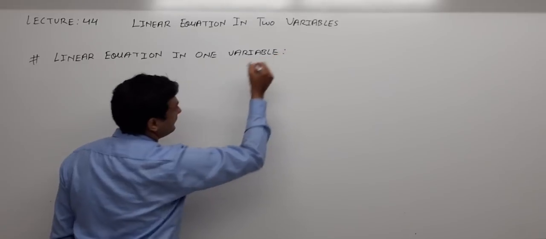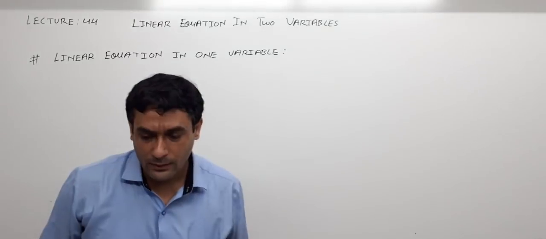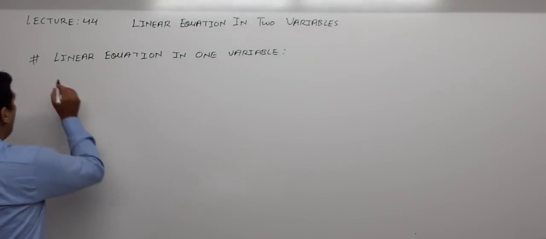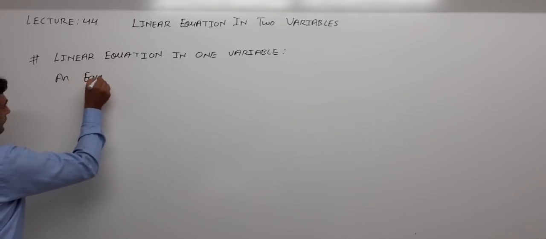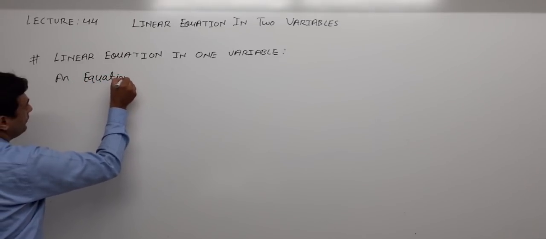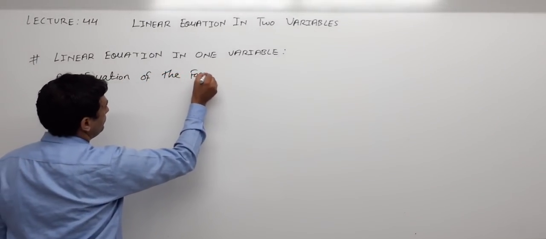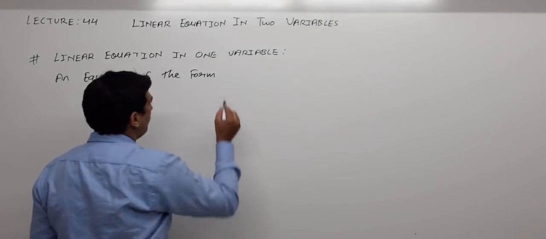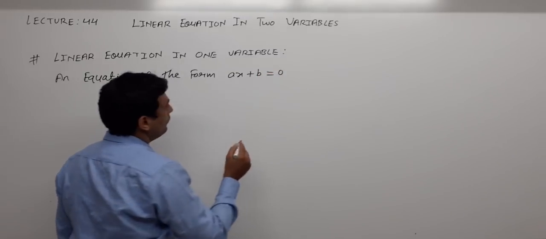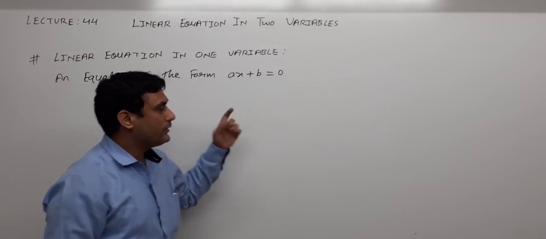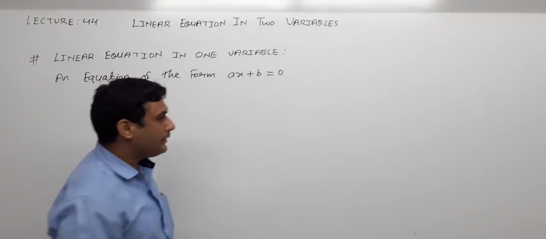You must have learned this concept in your previous class. Linear equation in one variable. An equation of the form ax plus b is equal to 0 is called linear equation in one variable, where a should not be equal to 0 and a and b are real numbers.